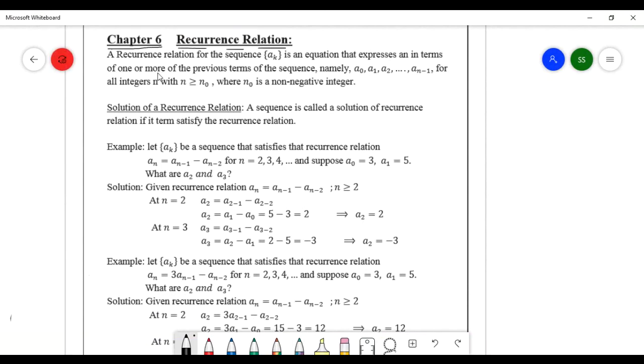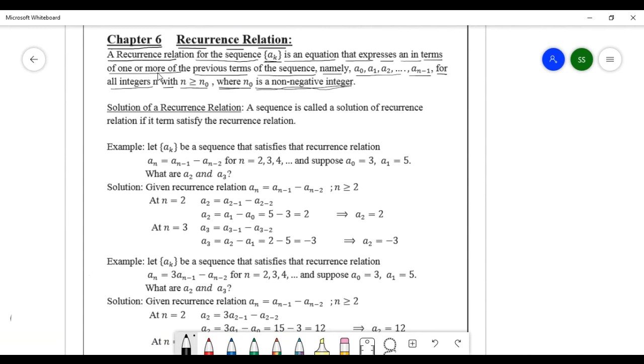What is recurrence relation? A recurrence relation for the sequence a_k is an equation that expresses a_n in terms of one or more of the previous terms of the sequence, namely a_0, a_1, a_2, up to a_(n-1), for all integers n greater than or equal to n_0, where this n_0 is a non-negative integer.